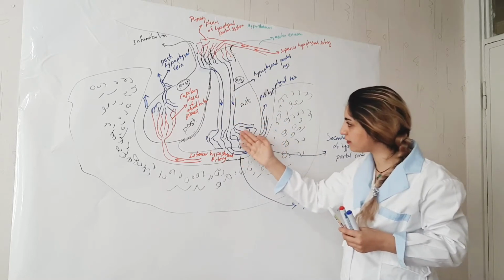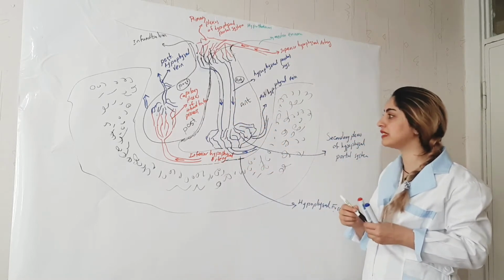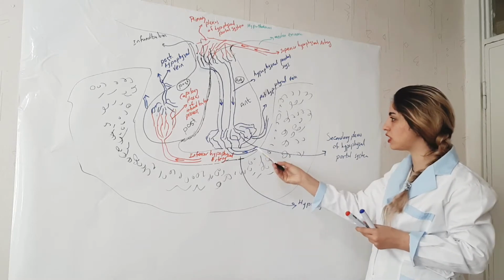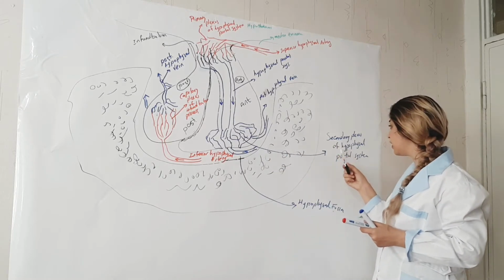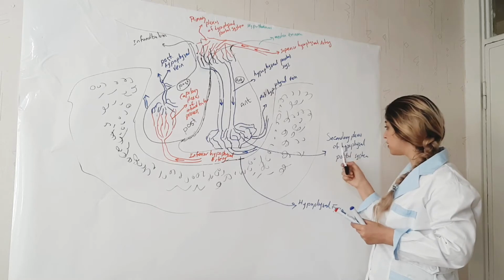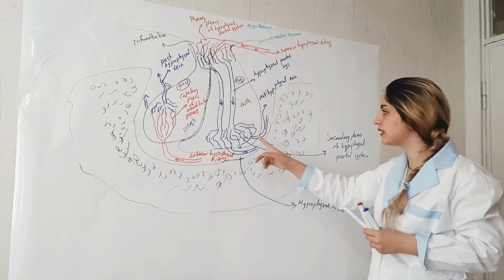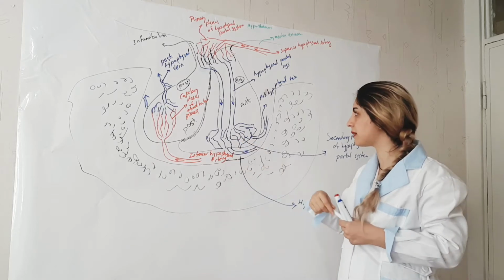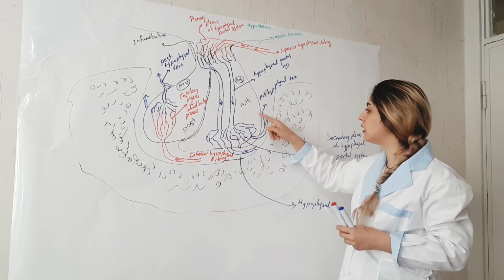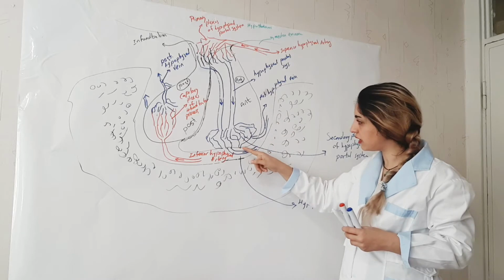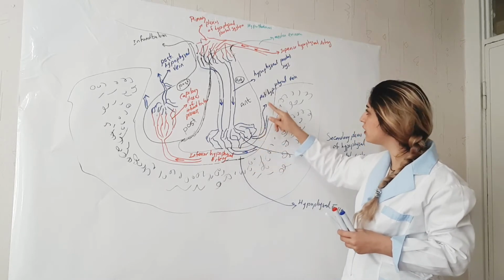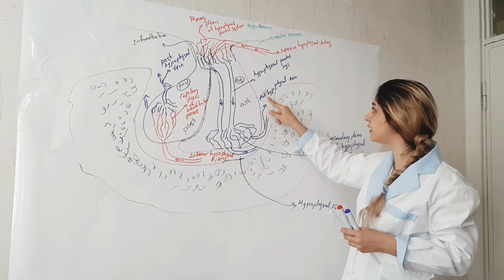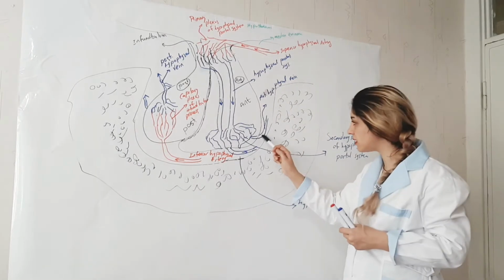And finally, I have here another bed of net capillaries, which is named the secondary plexus of the hypophyseal portal system. So what happens here? These capillaries join each other, and finally I have the anterior hypophyseal vein.